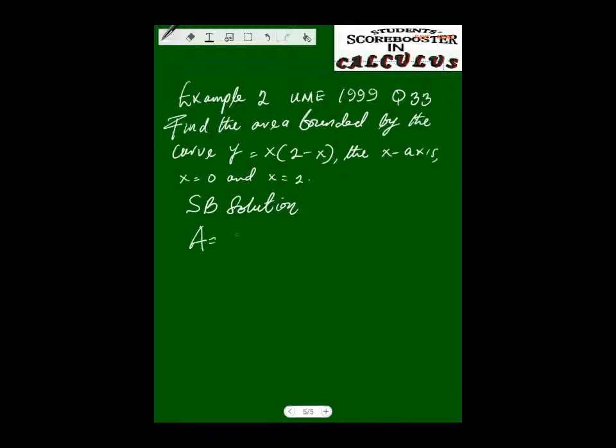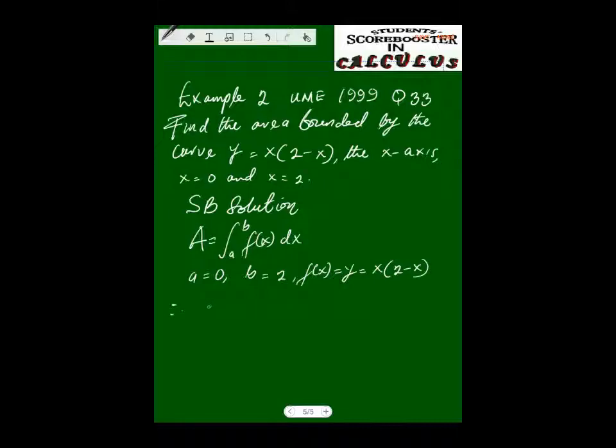As usual, we write out the formula, and from the question, a is equal to 0, our b is equal to 2, and the f of x we are given is y is equal to x into 2 minus x.